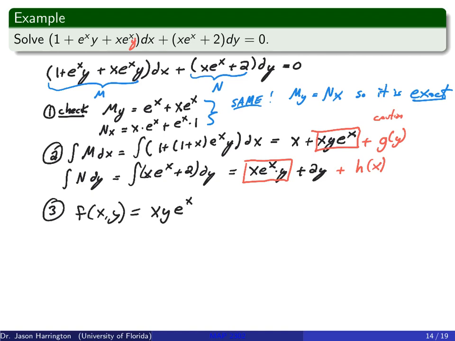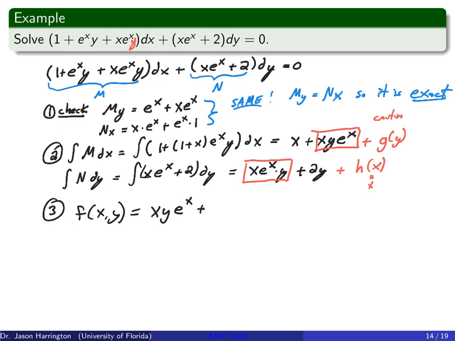Now the next question is, can we have this x, or do we have to do something a little different? And the answer is no, because remember, this h of x, I can pick whatever I want. Instead of being a number, it's a function. So I'll just let this be equal to x. And now this term here and this term there match. So I can now successfully put x back into my f.